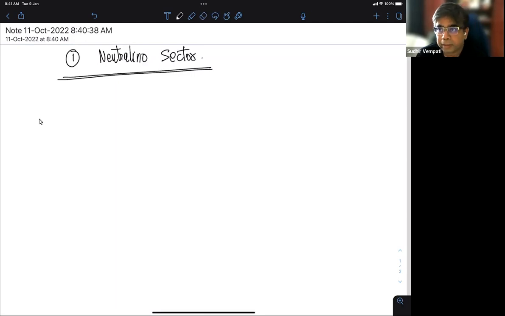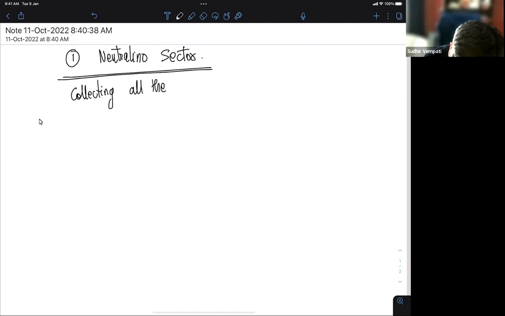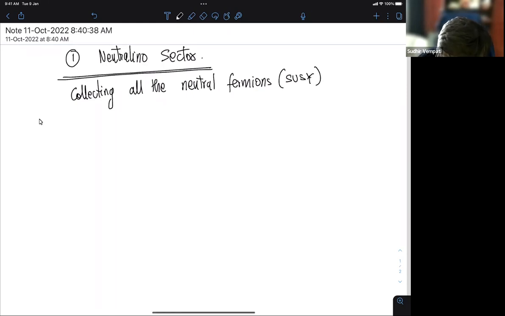The neutralino sector consists of collecting all the neutral fermions of the theory. These are SUSY ones only, the SUSY partners.